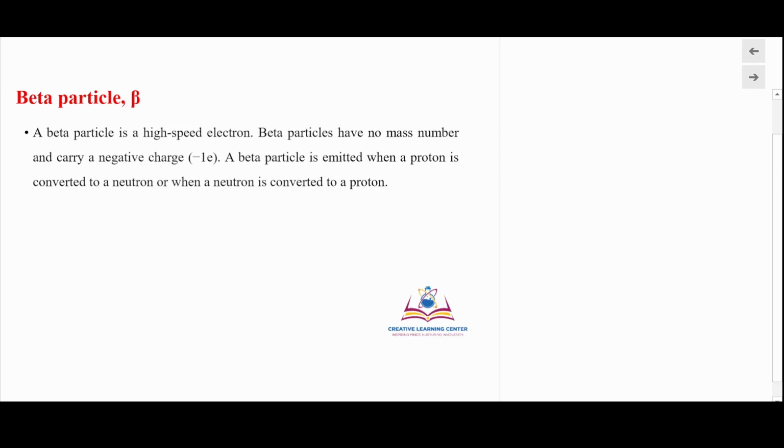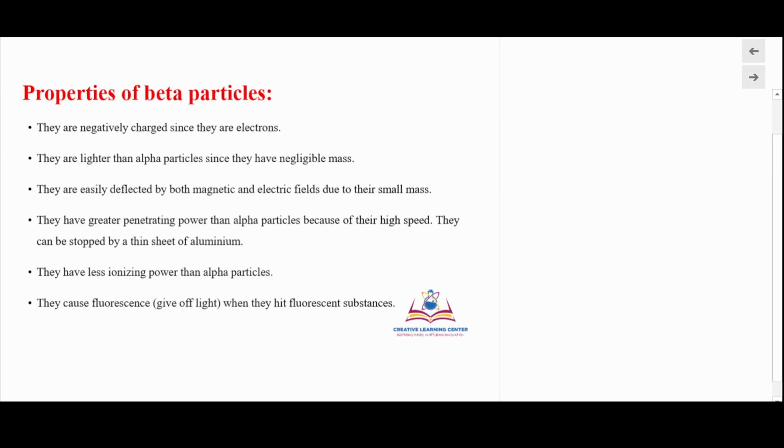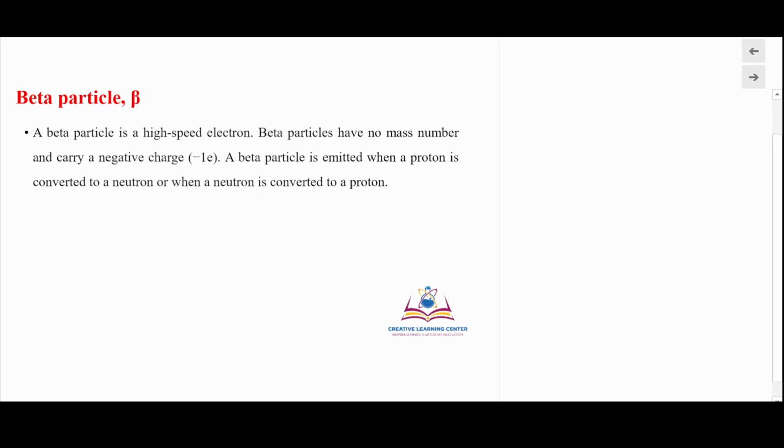If we go to the beta particle, these particles basically release electrons. They keep on releasing a particle in electron format, which is e 0 negative 1.